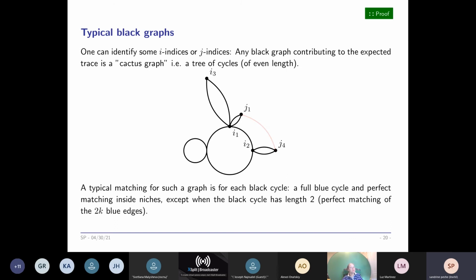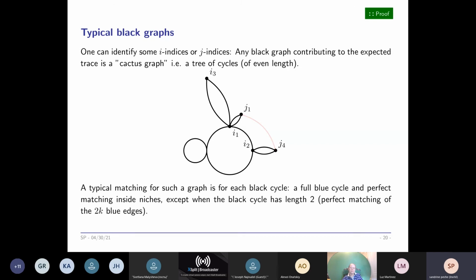So this means that a typical black graph is a tree of cycles, which means that if you choose an edge, it belongs to exactly one cycle. Okay, so for instance, the identification, which is in a red dotted line here, is not possible. Otherwise, the graph does not contribute to the expected moment.